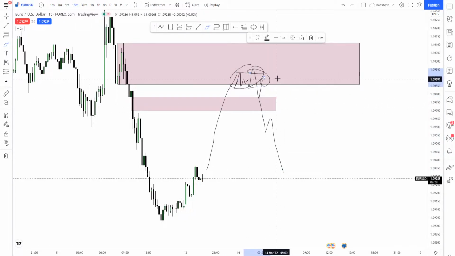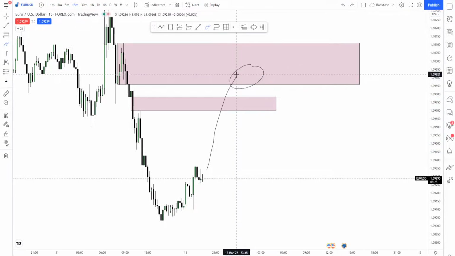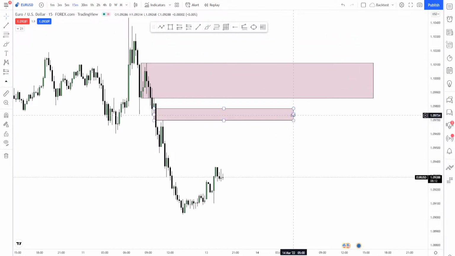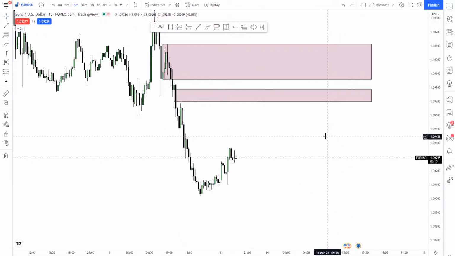We can see an entry over here and price can come down. So yeah, sell side liquidity taken, retest, something I would look for, and then target the area I marked out down here, sell side liquidity. And yeah, these are the two main areas I'm looking for in EURUSD.